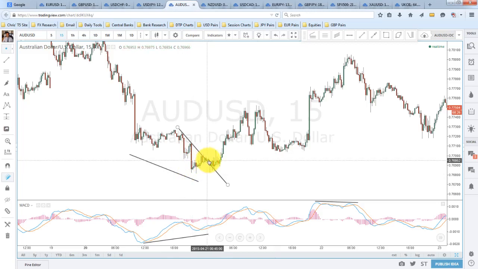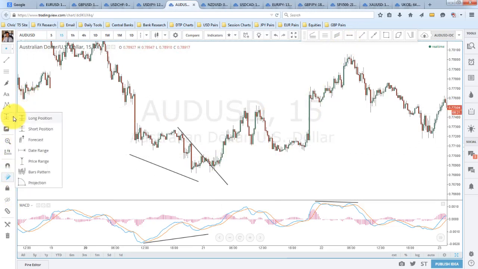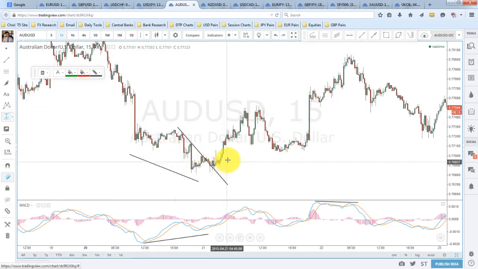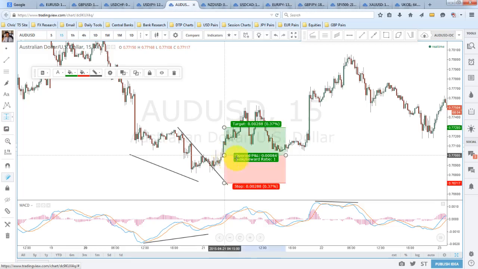Okay, so we need to see price trade above this level. So let's just say we have to put our buy stop right about there.